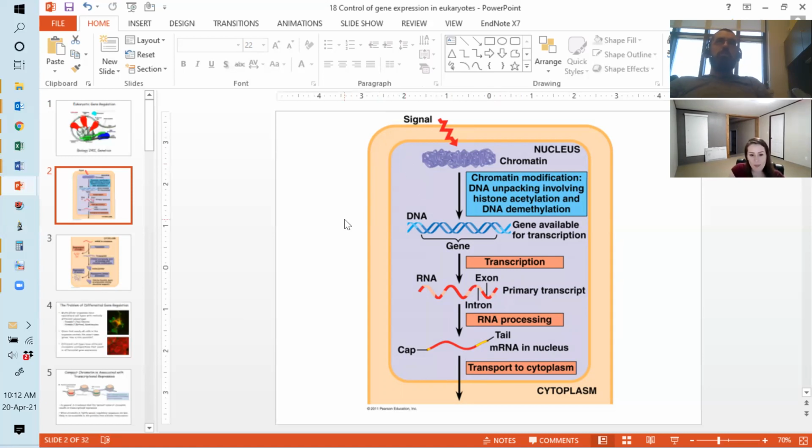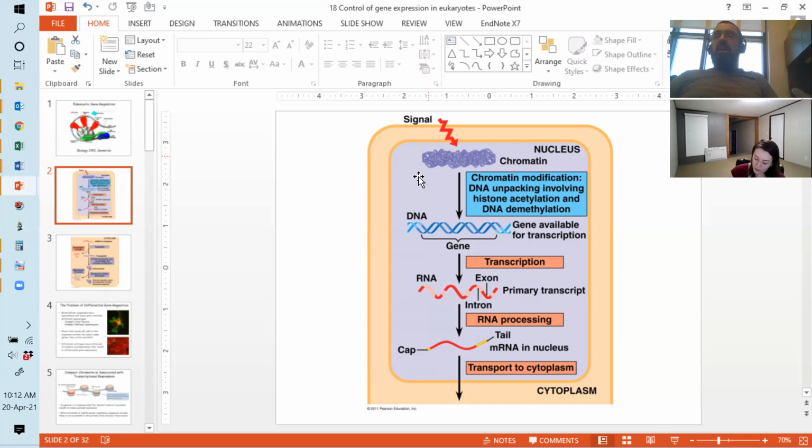In many contexts, not all of them, the cell receives a signal. It receives some information from outside the cell that tells it to do something. It might be to make more insulin, in the case of beta cells, or the presence of insulin that tells a muscle cell to take up glucose. It could be lots of different things. It could be a signal that's generated internally, if we're talking about cyclic AMP, for example.